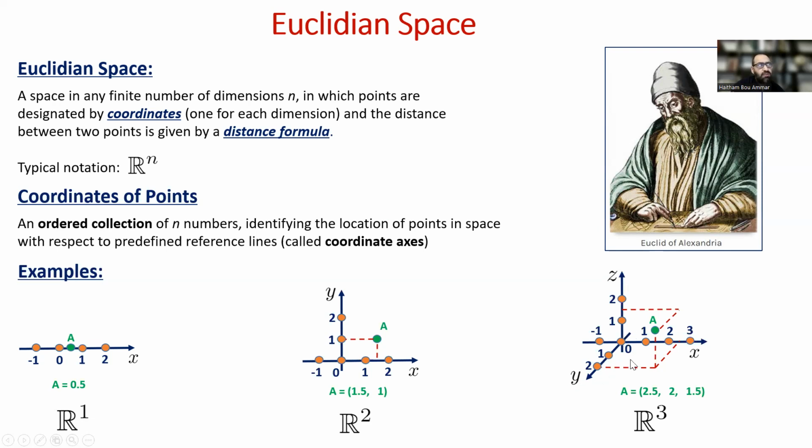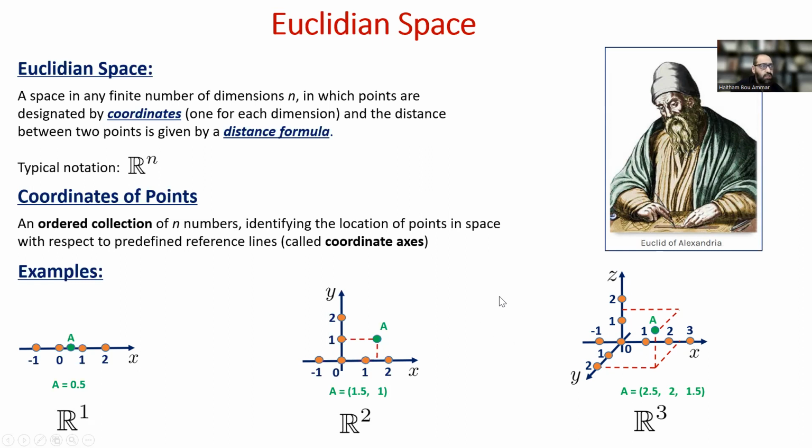So now any point you can describe in this space is made of 3 variables, 2.5, 2, and 1.5 in this example. This is the first dimension that will allow you to localize it across the x coordinate axis. This is the second dimension that will allow you to localize it on the y coordinate axis, and this is the third dimension that will allow you to localize it on the z coordinate axis.